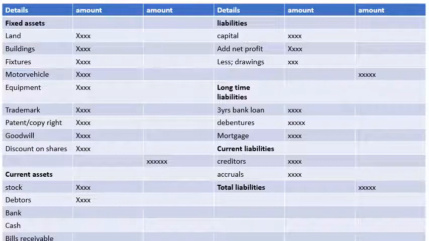As we said, all our assets come to the debit side. So in the T format, you record the assets first. Start with fixed assets. I mentioned land, buildings, fixtures, motor vehicle equipment. Then when you sum them up, you take the total to the second column.